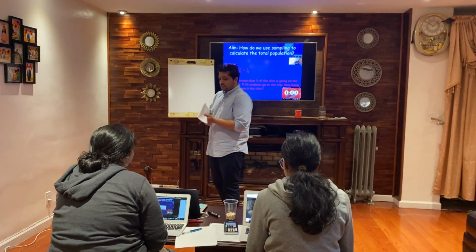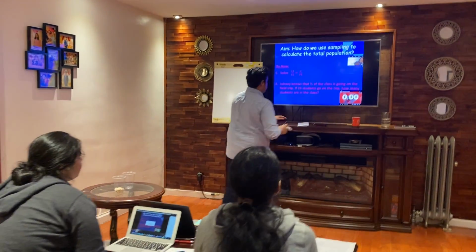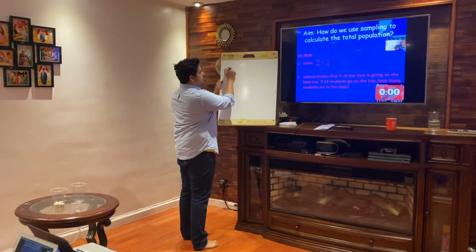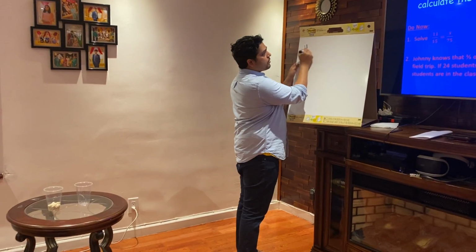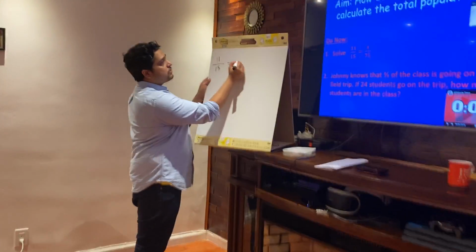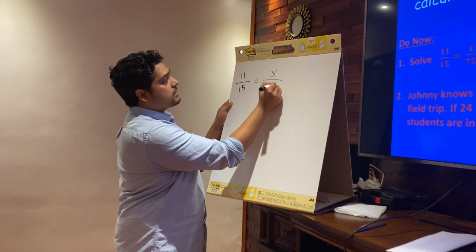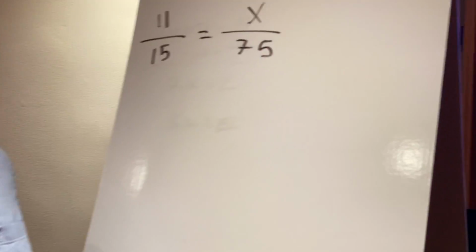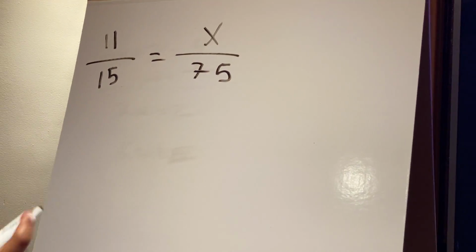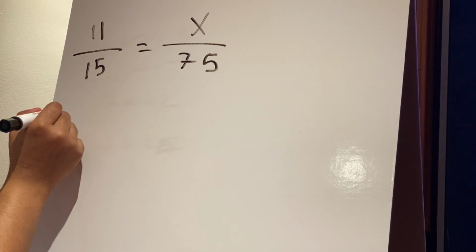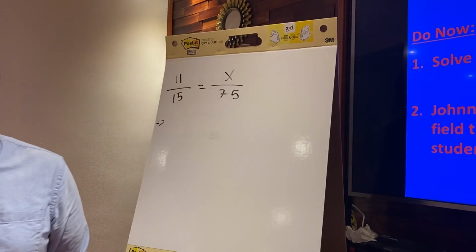So, the first question we have, and I'm going to do it here, says solve 11 over 15 is equal to x over 75. And we are solving for what? X. Okay, great. So Tanya, can you come up here and quickly show us how you got what you got?